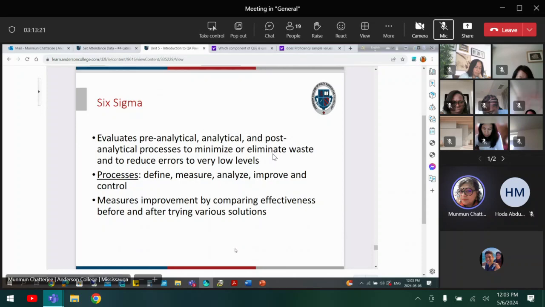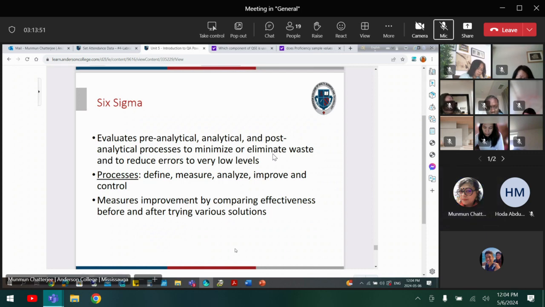There is Six Sigma. It evaluates pre-analytical, analytical, and post-analytical processes to minimize or eliminate waste and to reduce errors to very low levels. It defines, measures, analyzes, improves, and controls. What does it measure?